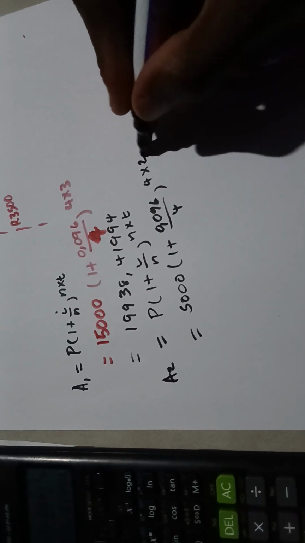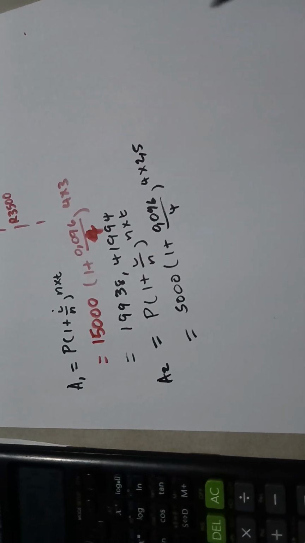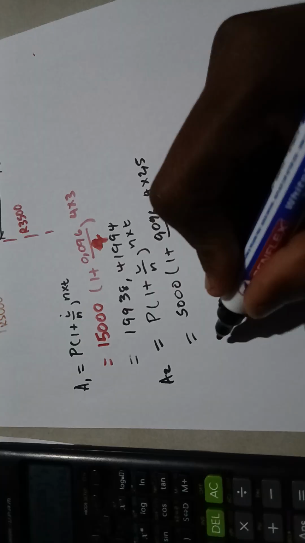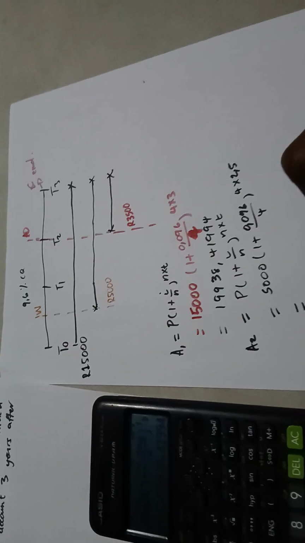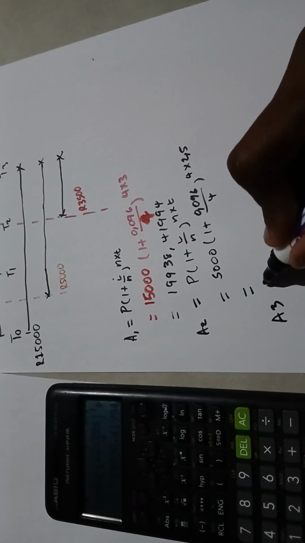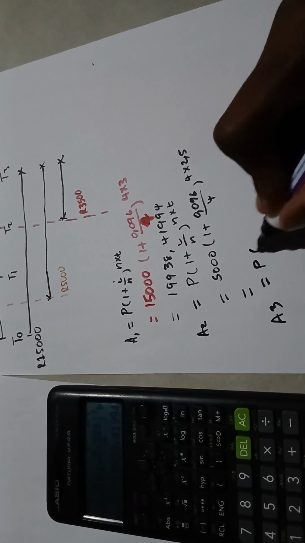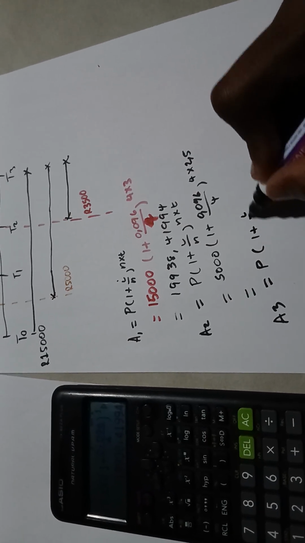Remember that 2.5, then you find the answer, then 8.3, it's for the remaining 2.5 years.